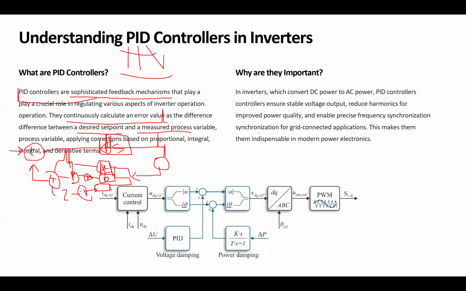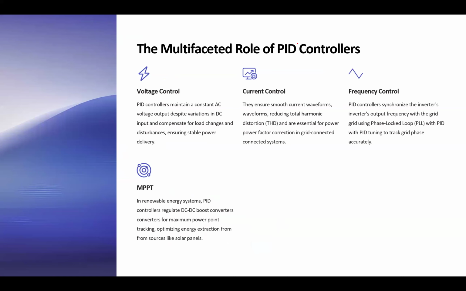It processes the error that we have between our desired terminal value and the output of our inverter, and by a feedback loop tries to reduce that error and meet our target value.